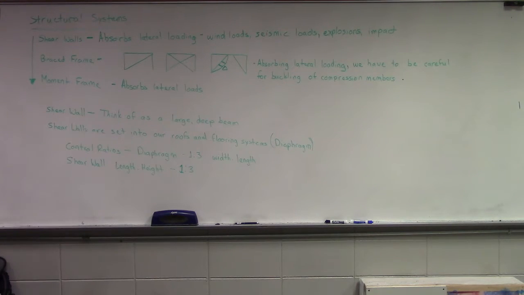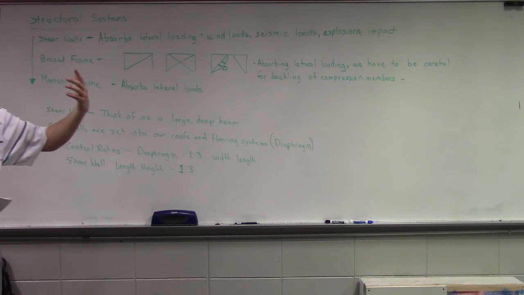Okay, so we talked about buckling in a braced frame. Keep in mind too, with our braced frame, do we necessarily just have to do this in our walls? Can we also brace our flooring systems? Yeah. Okay. So if we can treat these as large, deep beams, then we can look at bracing them, right? Isn't that what we did with the trusses?